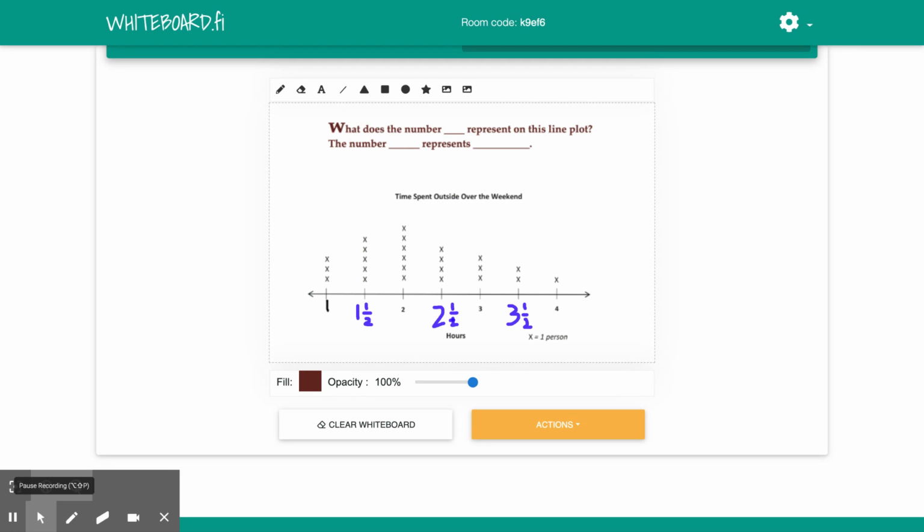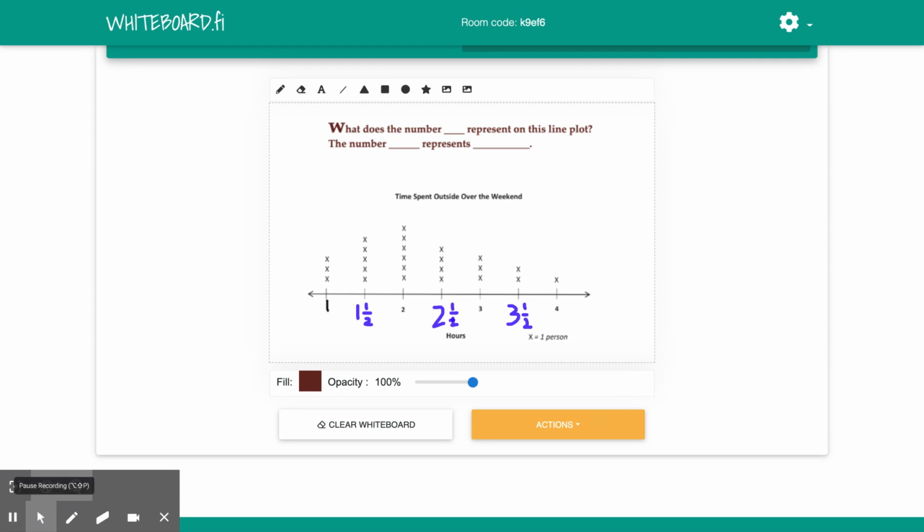How much time is that? Well, if you think about 1 hour is 60 minutes, 1 and a half of an hour is half of 60 minutes, which would be 30 minutes. So we would have 1 hour and 30 minutes, or 60 plus 30, which is 90 minutes.